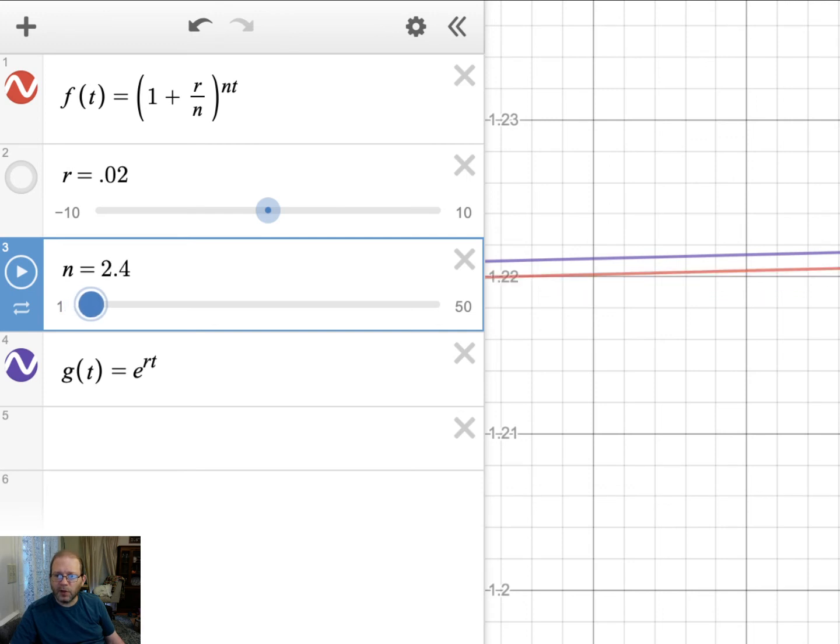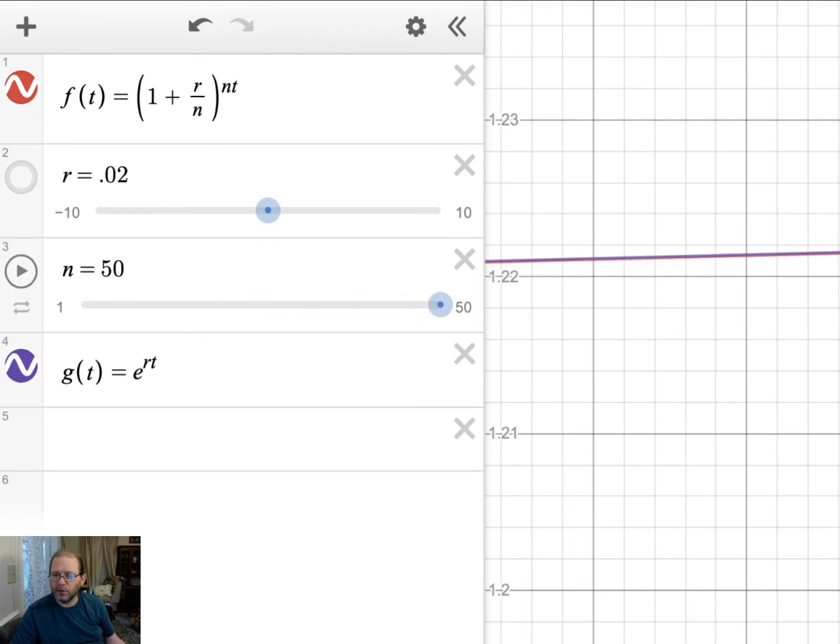When n grows large, the bigger n gets, the closer the red graph, the one compounded n times per year, gets to the continuously compounded interest. Both of these, by the way, have $1 for the principal. So anyway, that's how we would do continuously compounded interest.